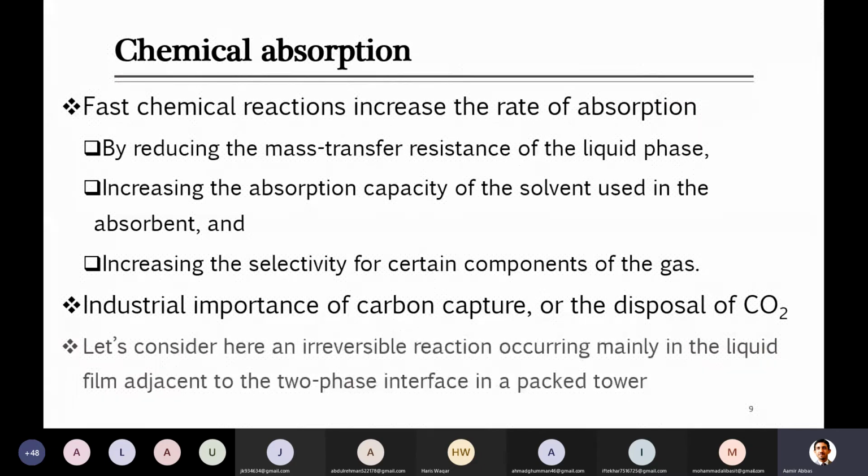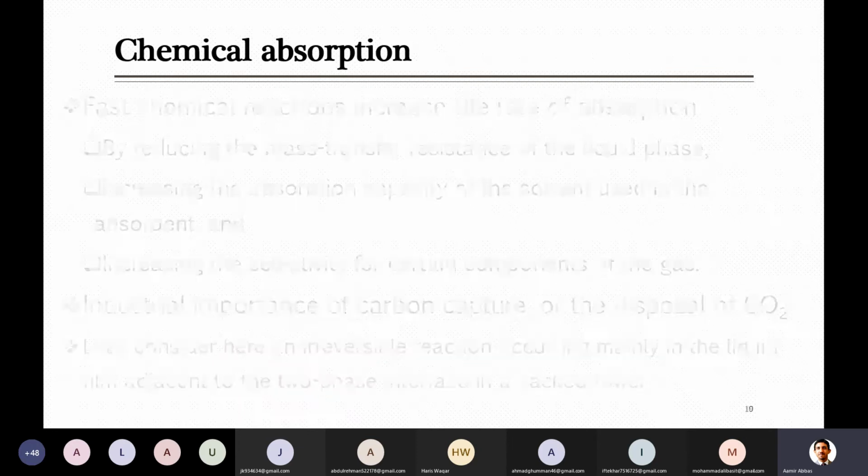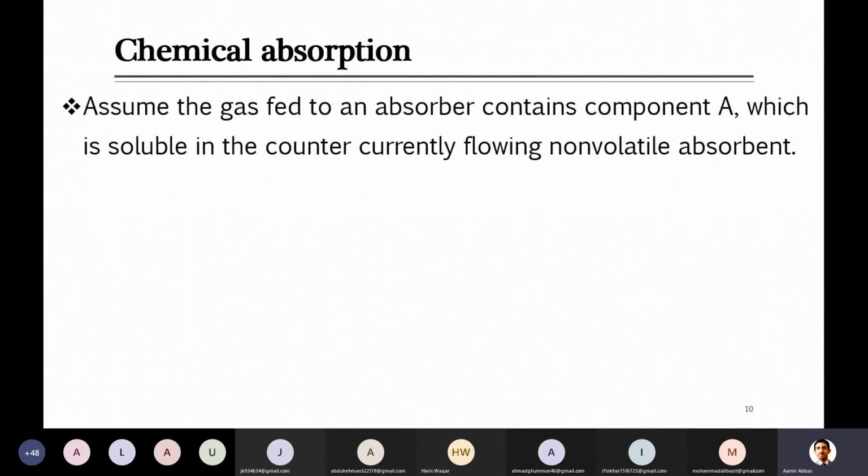So let's just consider here, this is just to give you the idea of why chemical systems are better, and what will happen in a chemical system, reversible or irreversible, which one is better and which one you have to use. But let's consider quickly, because finally you have to go for some of the equations. So one system we will consider is an irreversible reaction taking place inside the packed tower.